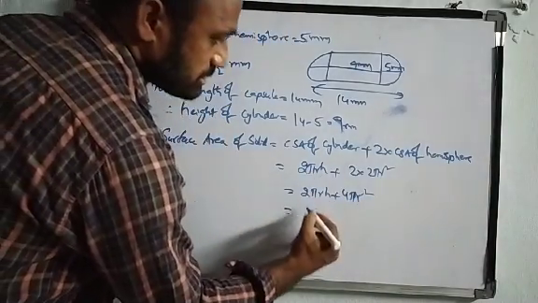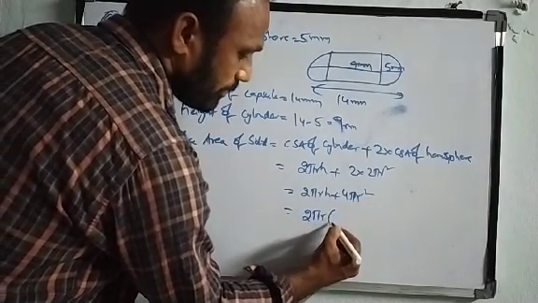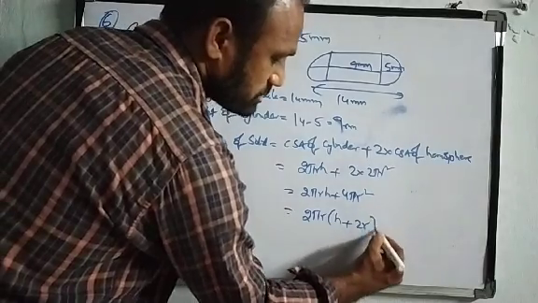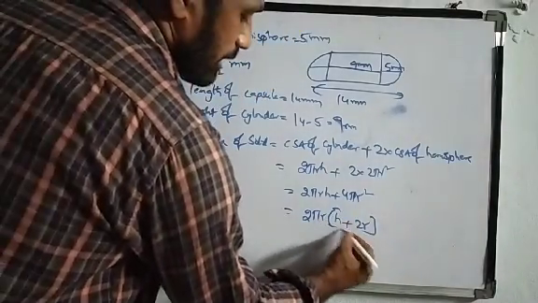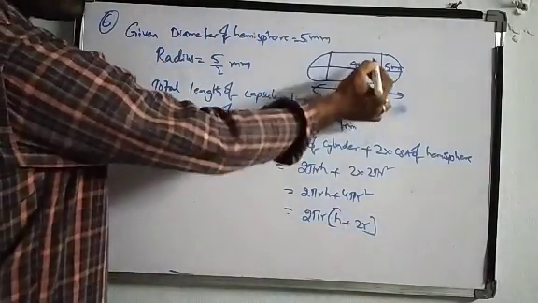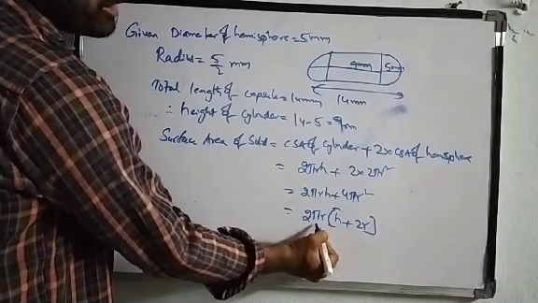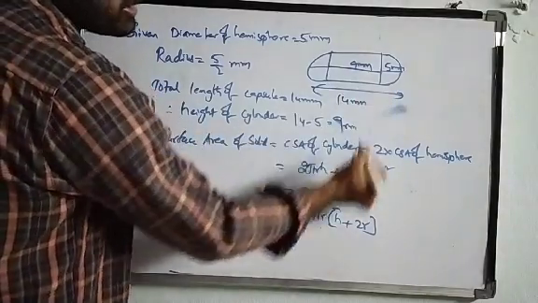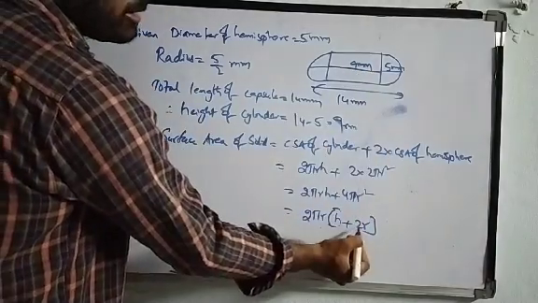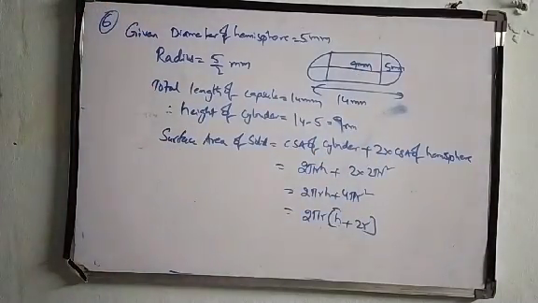Since the radius is common in both, we can take 2 pi r common, so h plus 2r will be left inside the brackets. The radius in this case is 5 by 2, or you can use 2.5. Pi value is 22 by 7, h is the height of the cylinder, which is 9, and radius is 5 by 2. If you substitute the values, you will get the total answer.